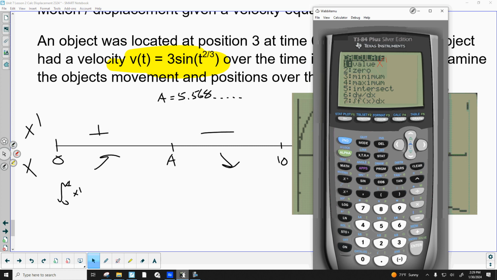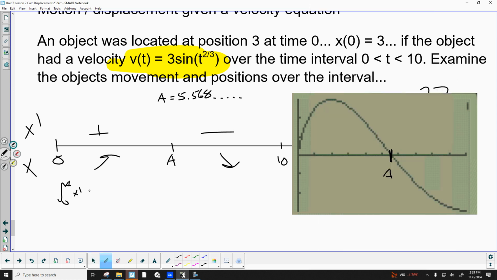Your calculators accumulate 7 from 0 to A. And a lot of students love doing this because it's nice to see that your calculator is doing just that. And that is telling me how much my position is increasing. But hold on.